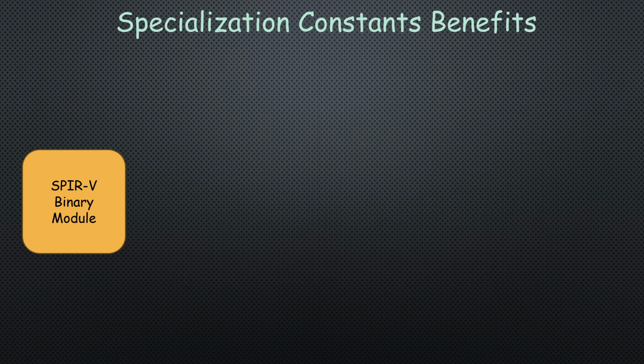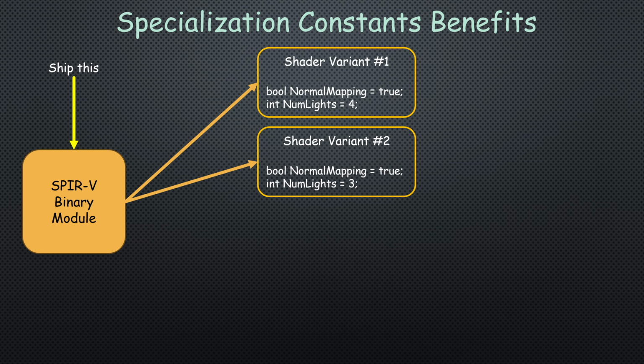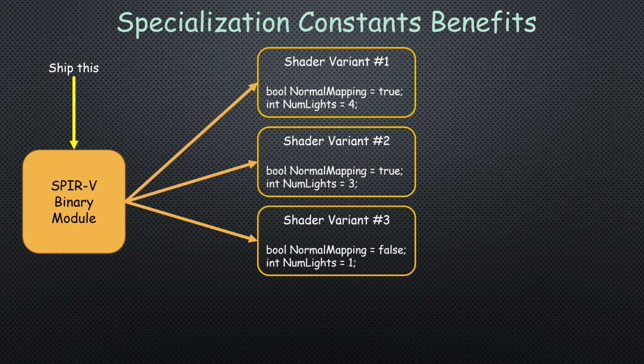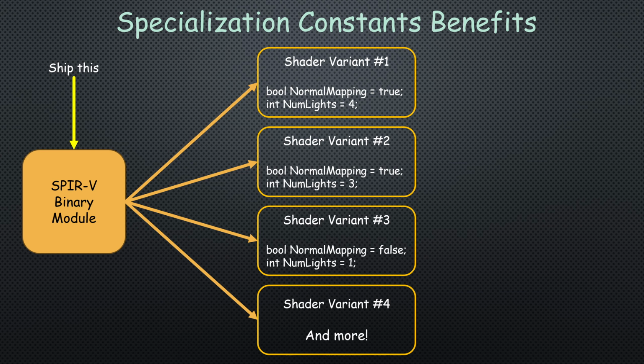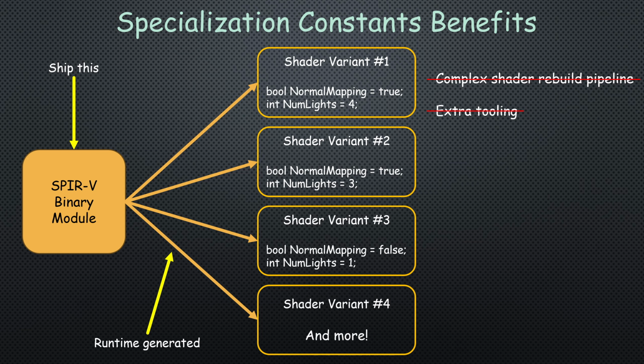The main benefit of specialization constants is that you can ship a single SPIR-V module for a given shader and generate multiple optimized variants during runtime just by changing the values of the constants. There's no complex shader rebuild pipeline, no extra tooling, and no runtime compilation.